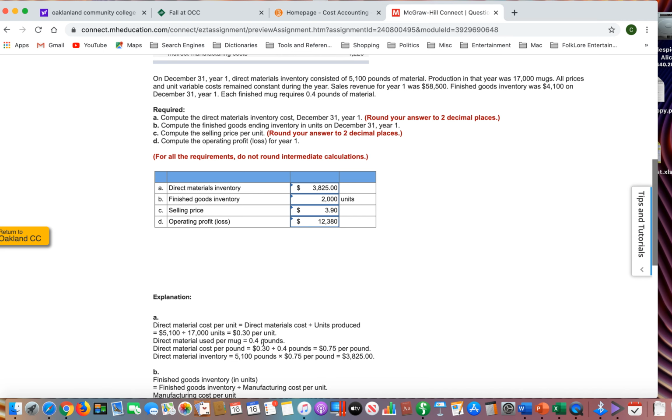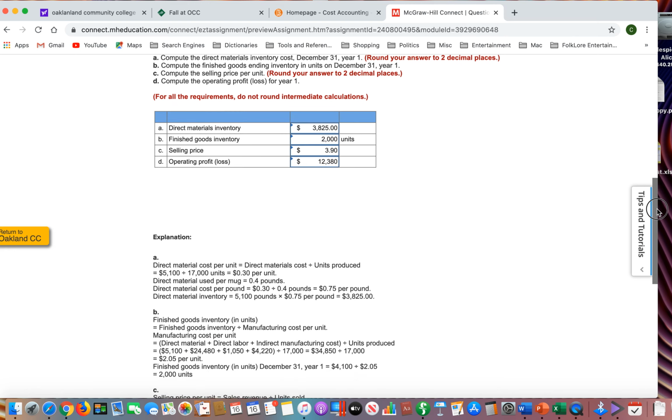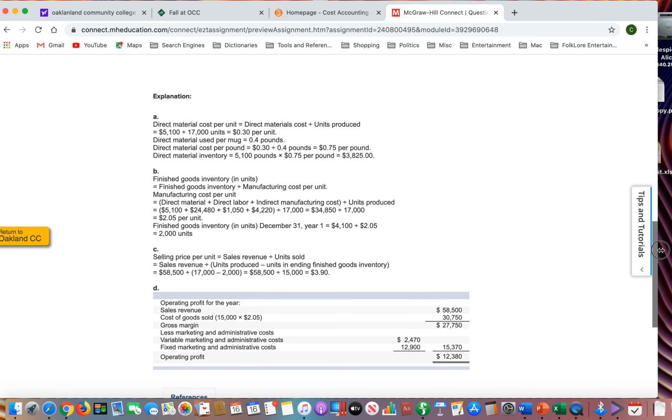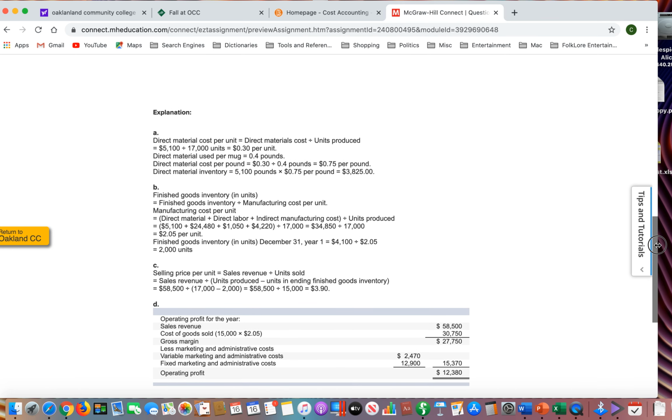And each mug uses 0.4 pounds, so it's 30 cents per mug. 0.4 pounds is 0.75 cents per pound. And you've got that many pounds left at the end of the year. That's the total inventory. Again, straightforward here, but this is how they calculate the answers for you. And I'll let you take a look at that.